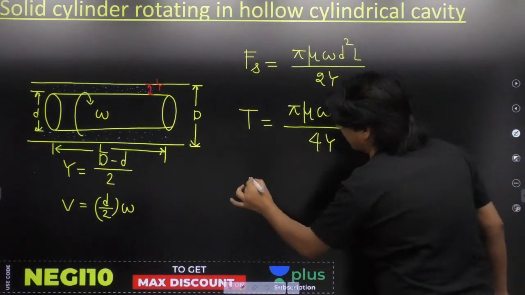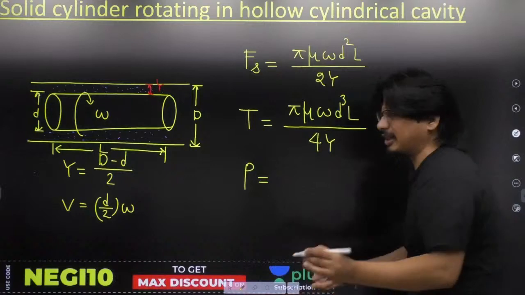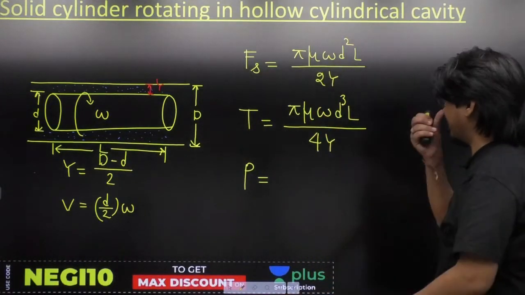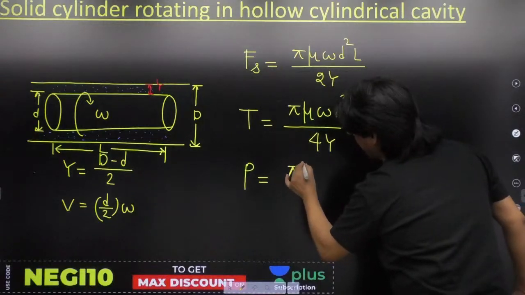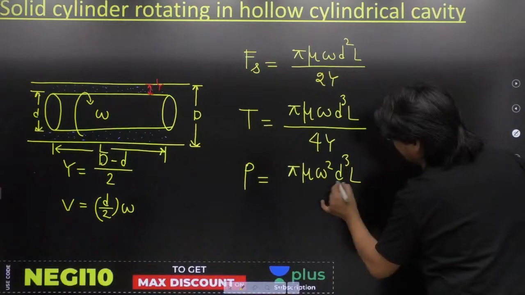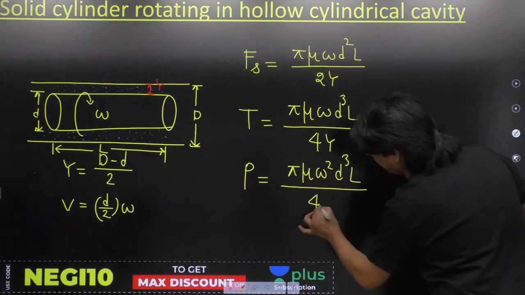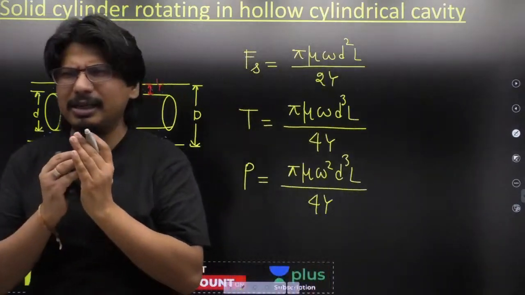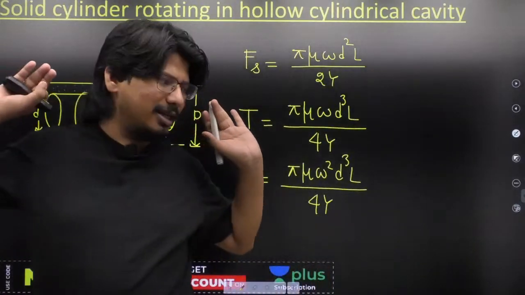And then we have derived the formula of power also. Bolo re baba, what was the formula of power? Power required to rotate this cylinder is pi mu omega square d cube L divided by 4Y. Each and everything we have discussed in a crystal clear manner. हर चीज हम लोगों ने पूरे अच्छे से डिस्कस करी है.